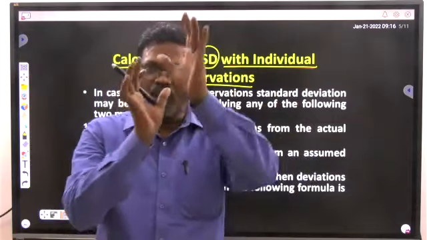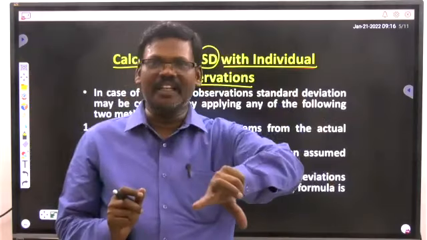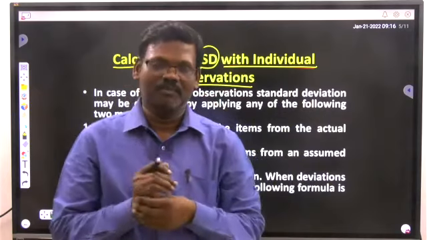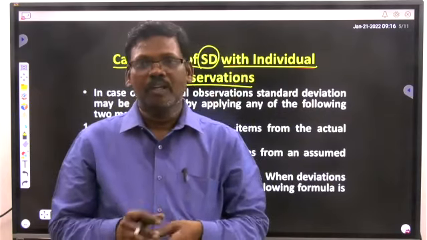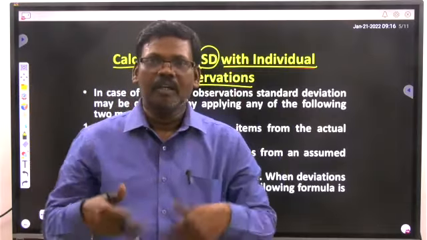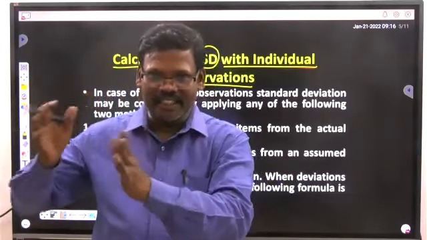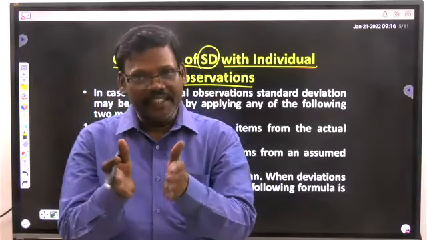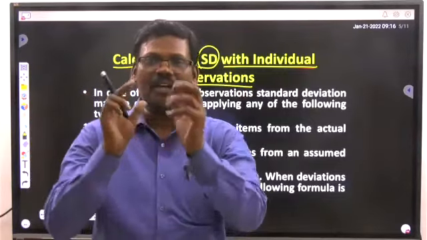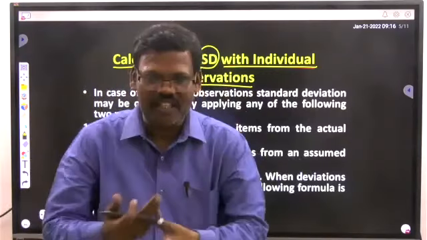If only x values are given in the distribution without frequency, that will be known as an individual series or individual observation. If we have the x values along with the frequency, then this is a discrete series. If there is a class interval along with the frequency, then this is a continuous series.